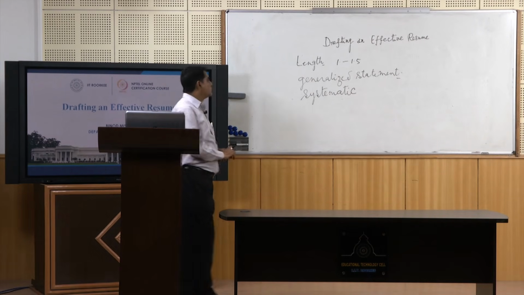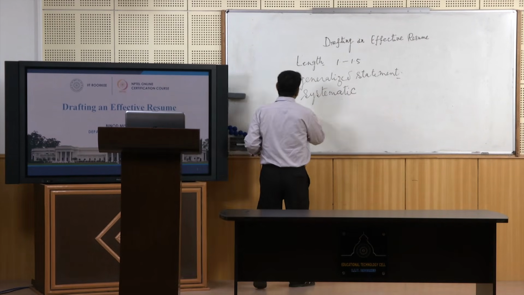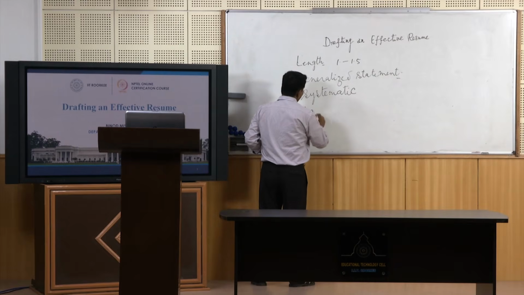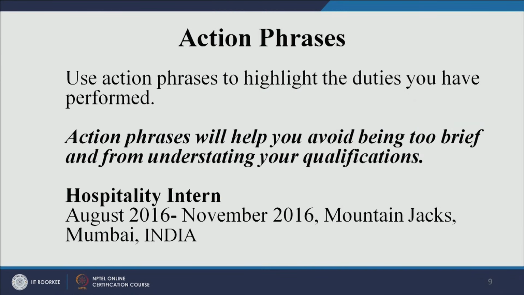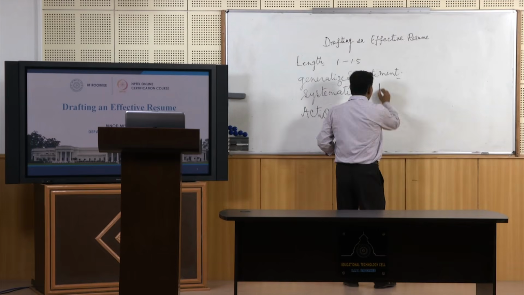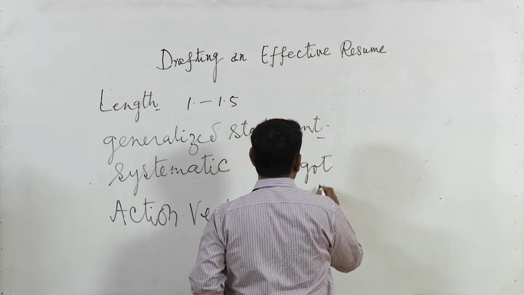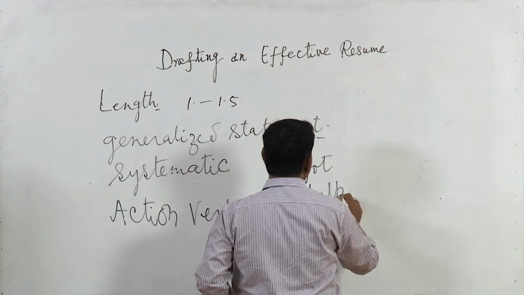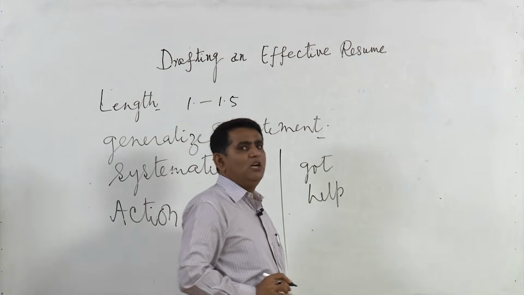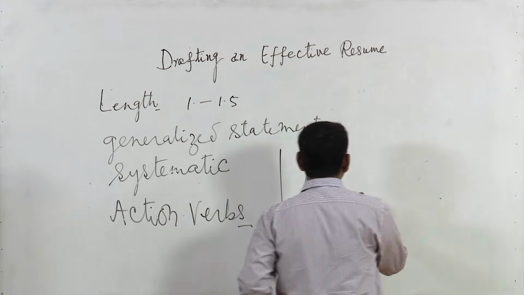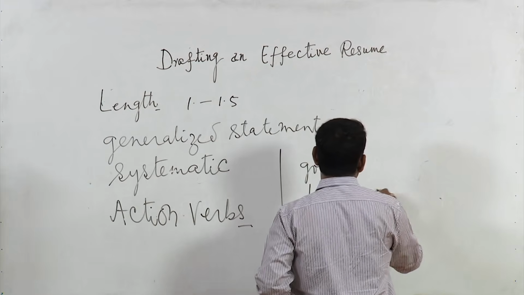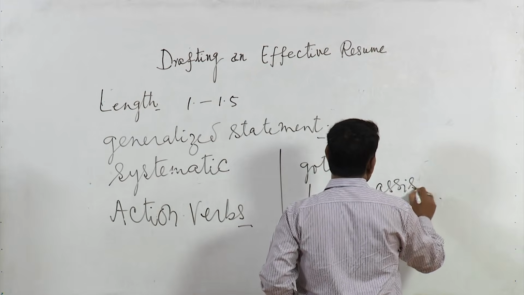And while doing so, please see to it that you are writing with the help of action verbs or action words. Say, if I have to say got, if I have to say help, these words are actually weak words. So in place of help, it is better to use assisted.